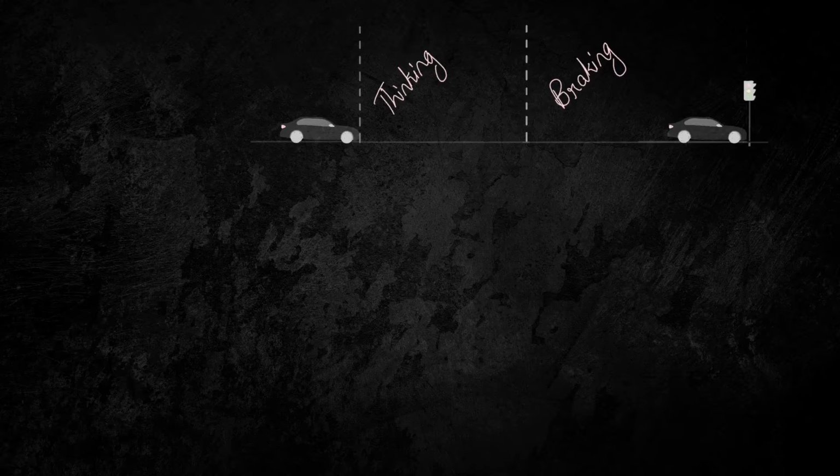Now, why do we say that there's thinking involved? Well, thinking is involved because as your driver observes the red light, the eyes are going to send a signal to the brain, which tells the legs to apply brakes. All right. So the process in which, or the time in which this is happening, the eyes sending a signal to the brain and the brain sending a signal to the legs, is known as the thinking distance.